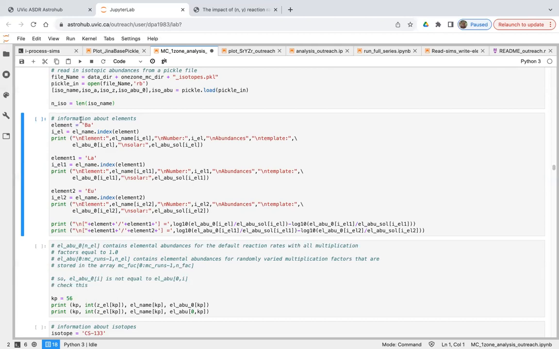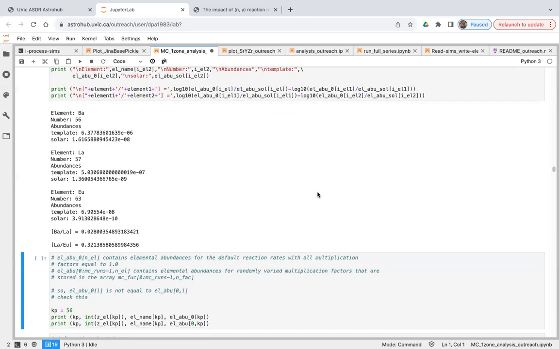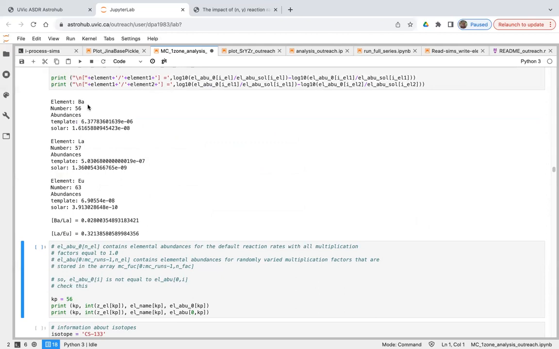For instance, in this cell, we can get information about any element. So here, barium, lanthanum, and europium. As you can see, element barium, proton number 56, abundances.